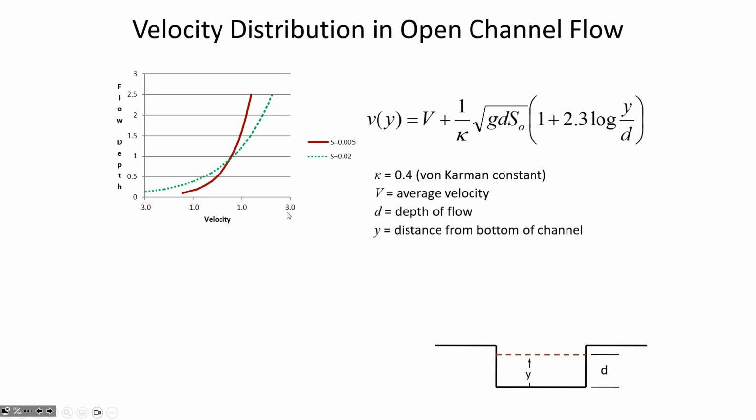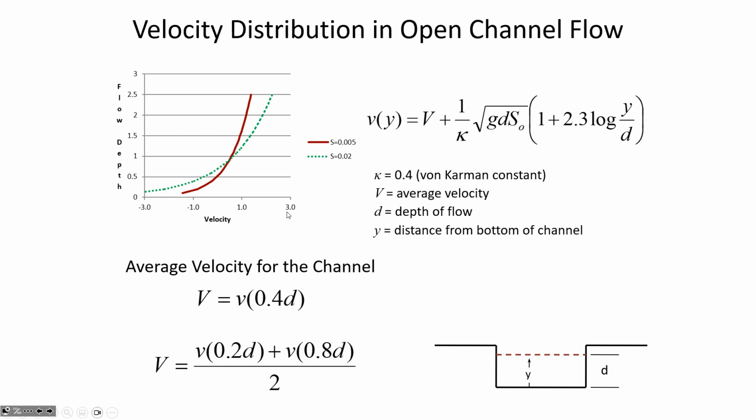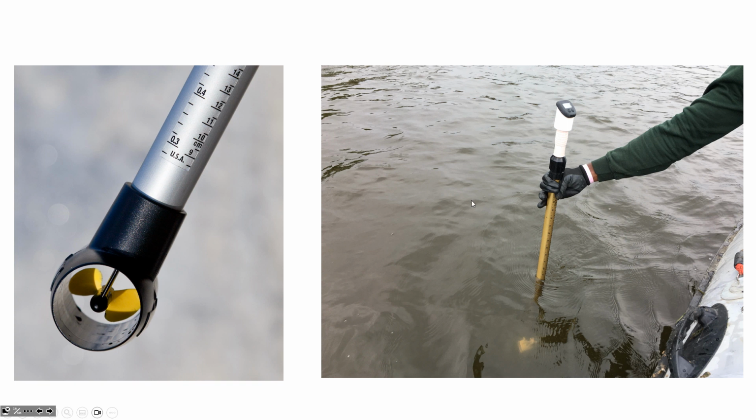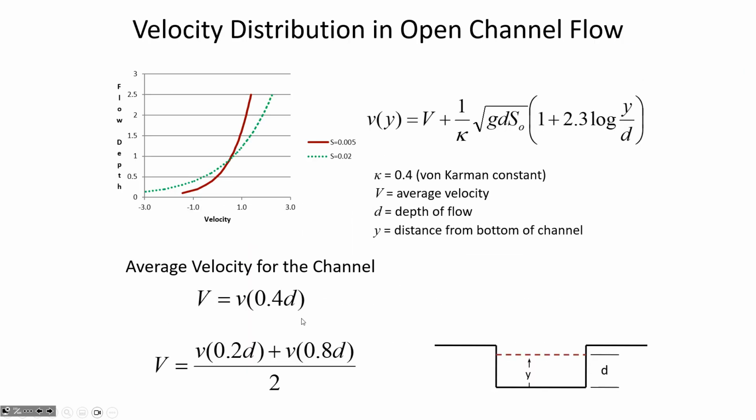But in any case, it's one approach for creating a trace of what that profile would look like. And other empirical rules of thumb that have been developed is that in a lot of cases, if you measure the velocity at 0.4 of the overall depth, so 40% of the way up from the bottom, then that often corresponds to the average velocity.